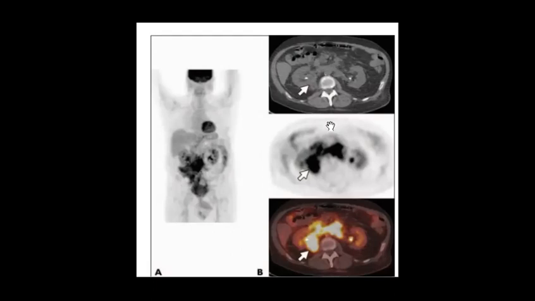Okay. So in these PET-CT images, you can see this. And the most important thing to mention is that there is right renal and perirenal extension, involvement. And you can note that there are bilateral renal stents.